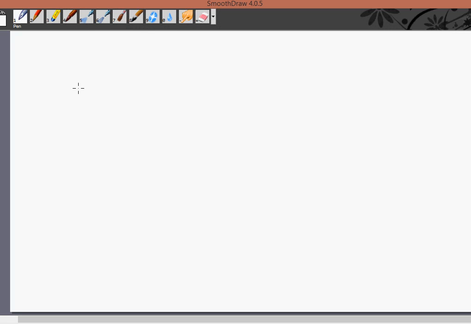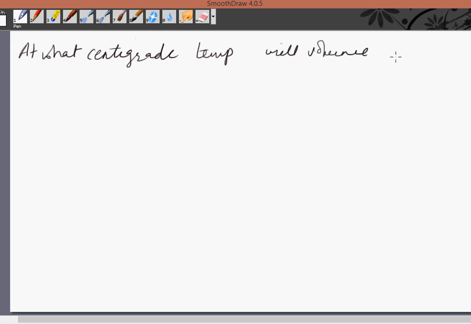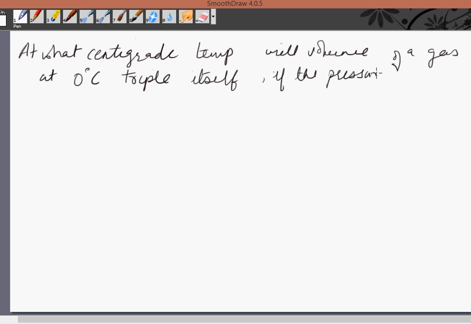So let's see what the question says: at what centigrade temperature will the volume of a gas at 0 degrees Celsius triple itself if the pressure remains constant, right?